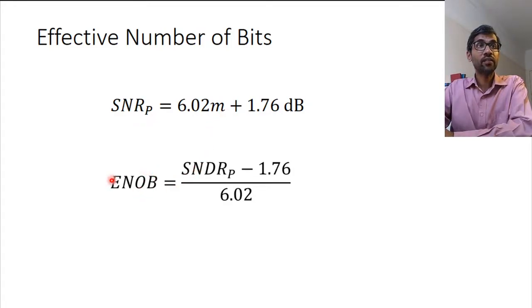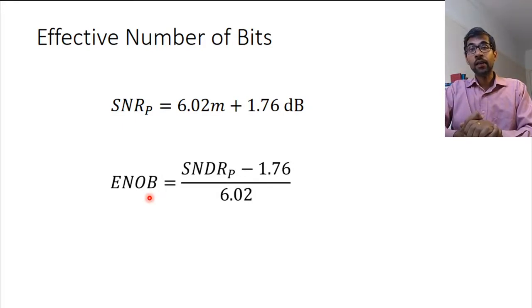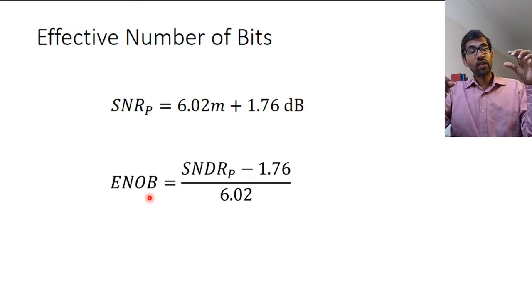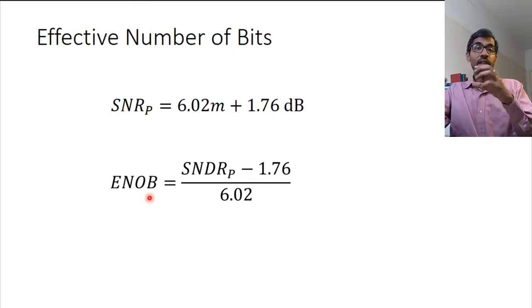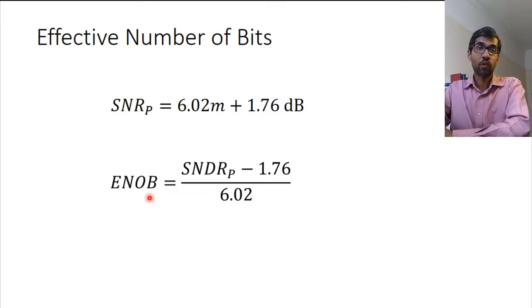So that is called the effective number of bits. If the noise is very high in a particular ADC, then even if you increase the number of bits, it really doesn't make any difference because the analog signal is then buried in the noise and you can't really differentiate between two analog values which are below the noise threshold.